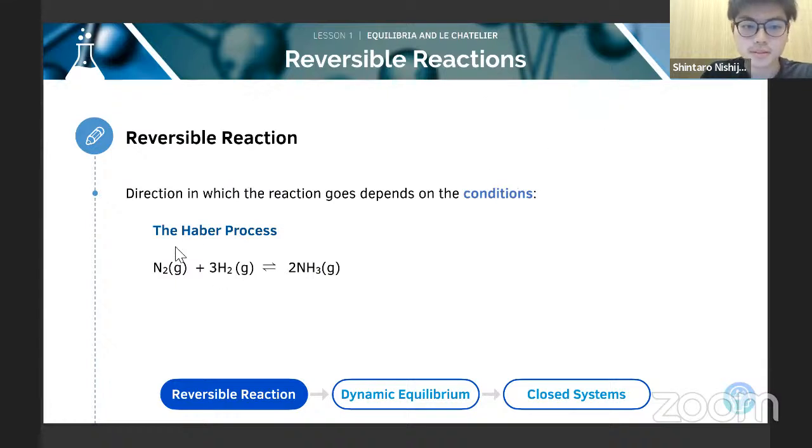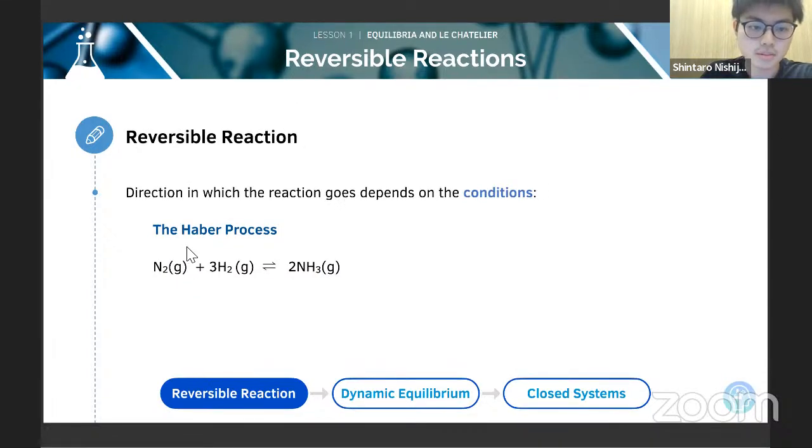An example of this is the Haber process that I think some of you might remember from GCSEs. That's where you have nitrogen and hydrogen, and you make ammonia. This is a reversible reaction. This means that the nitrogen and the hydrogen can react to give ammonia, and the opposite reaction, so the ammonia can break down into nitrogen and hydrogen. That's the backward reaction.